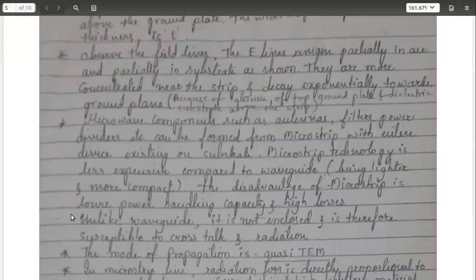The waveguide is a packed, enclosed structure, but the strip line is open, because of which, when you have wave propagation, it is more susceptible to crosstalk and radiation losses.